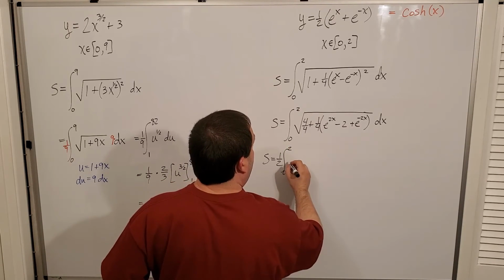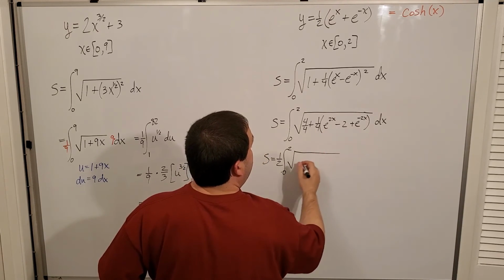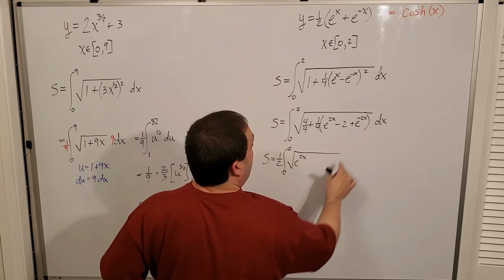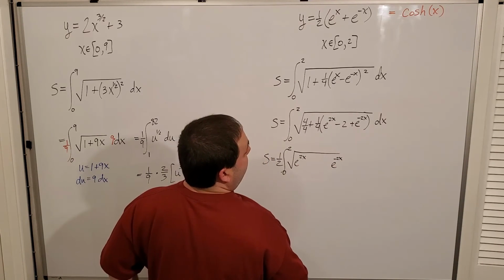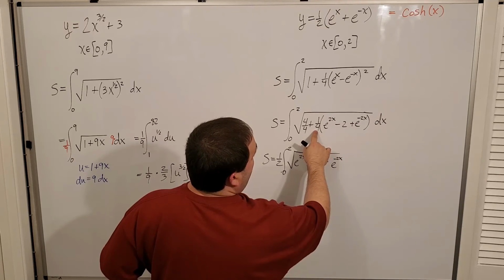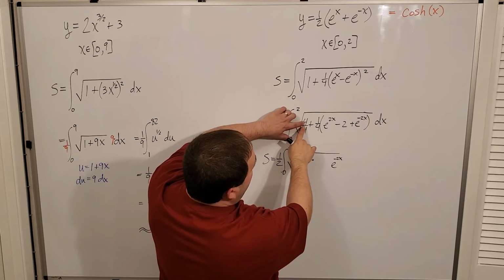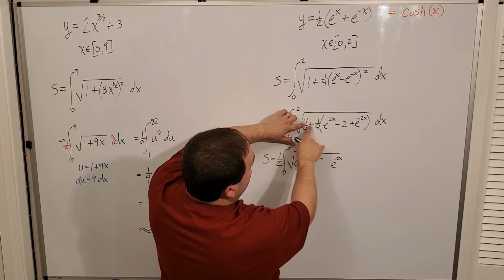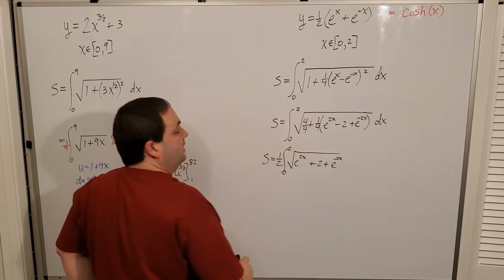And underneath my radical, notice that I'm going to have the e to the 2x. I'm also still going to have the e to the negative 2x. And then when I factored out the 1/4, that piece is gone, and this was left to be a 4 minus 2. So I've got plus 2 plus this.